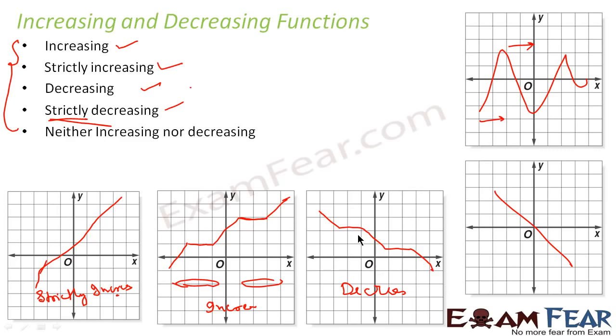So this is the practical application of increasing and decreasing functions. Now let's understand how we can use derivative to find whether a function is increasing, strictly increasing, decreasing, strictly decreasing, or neither increasing nor decreasing.